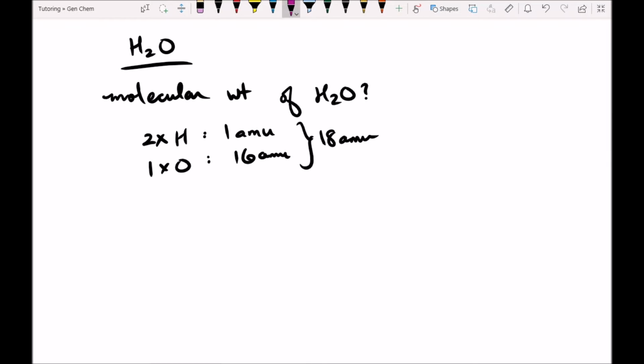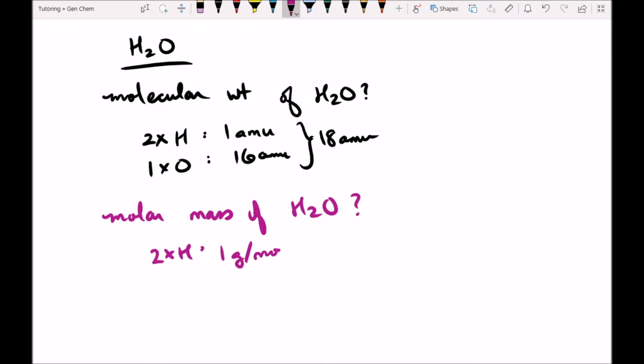Now let's do the molar mass, because that's what we're going to be using for our conversion. And we have two H's, and that's 1 gram per mole per H. And we have one oxygen, that's 16 grams per mole. And so for water, that has 18 grams per mole as its molar mass.